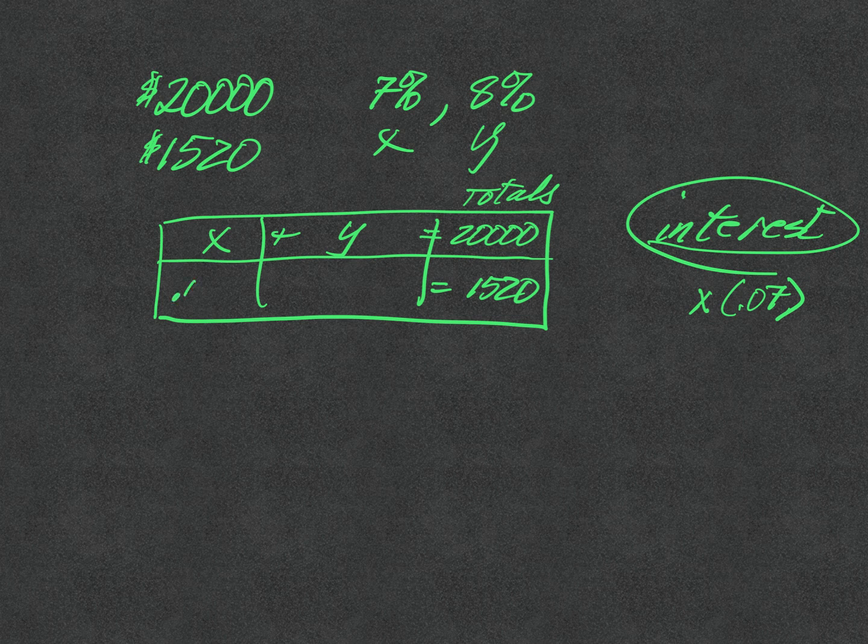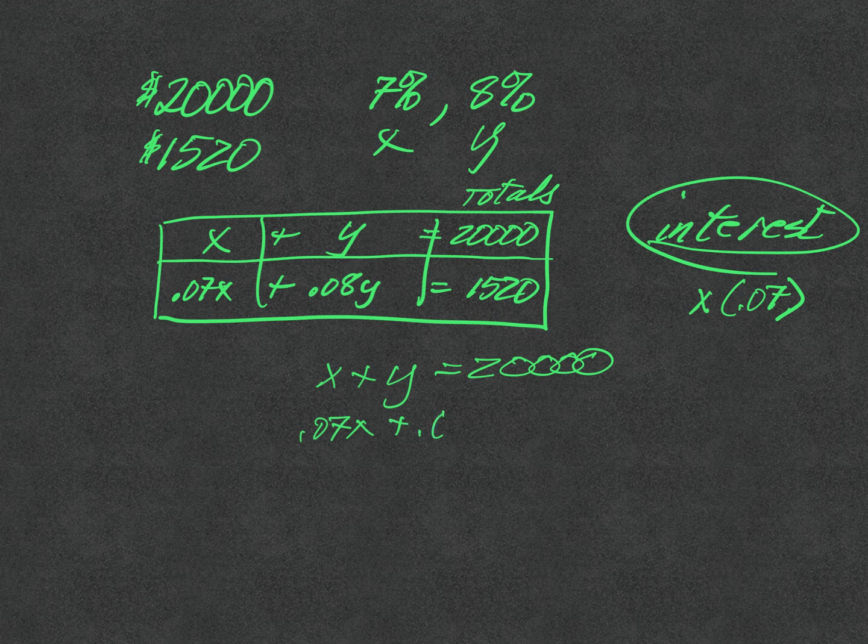So we would write 0.07x, and for the y one, 0.08y, and we would add those together, and that'd be the 1520. Well, there are your two equations. X plus y equals 20,000, and 0.07x plus 0.08y equals $1,520. This is the total money, and this is the interest money earned.